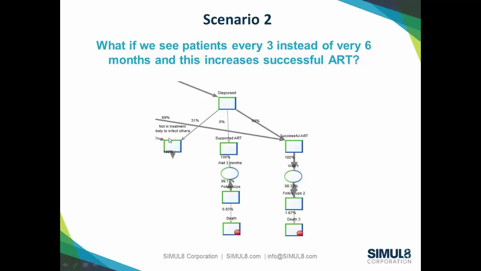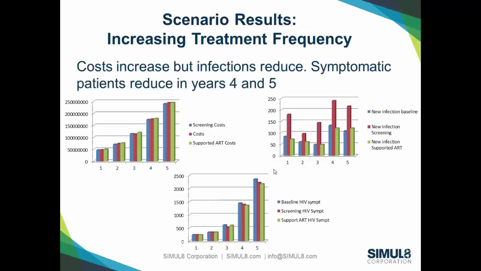We've got people who are not in treatment, and then we've got this new pathway here, which is saying that actually we're going to see people every 3 months, and that's going to have a similar success to those people who are already in successful ART but being seen every 6 months. And what we're going to do is to take a small proportion of the people not in treatment into that supported pathway and see what happens.